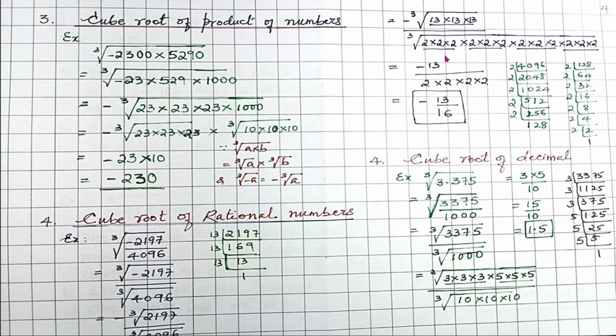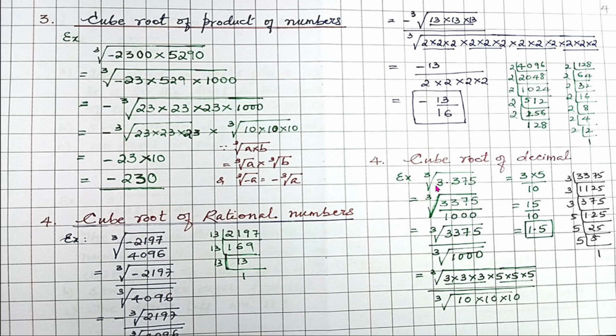From the triple of 13 we take 13, and also take one factor from each triple, 2 into 2 into 2 into 2, that is 4, 8, 16, so we get 16 here. Therefore the cube root of the given rational number is minus 13 by 16, a very simple method.